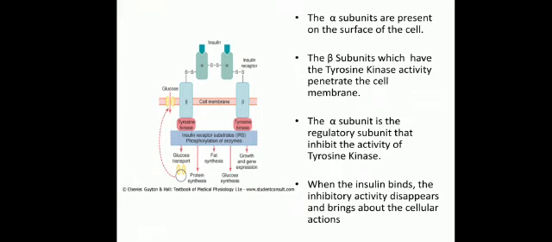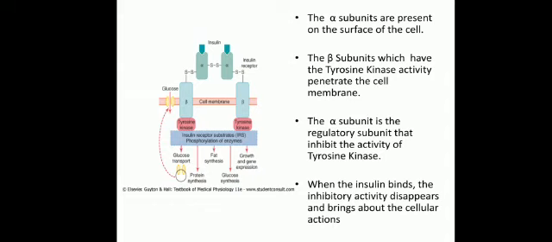So this slide is giving us a detailed description of the insulin receptor present on the cell membrane, and it is through this receptor that insulin exerts its control over the cell. The insulin receptor has 2 subunits: the alpha subunit, present on the surface of the cell, and the beta subunit, which has tyrosine kinase activity and penetrates the cell membrane.